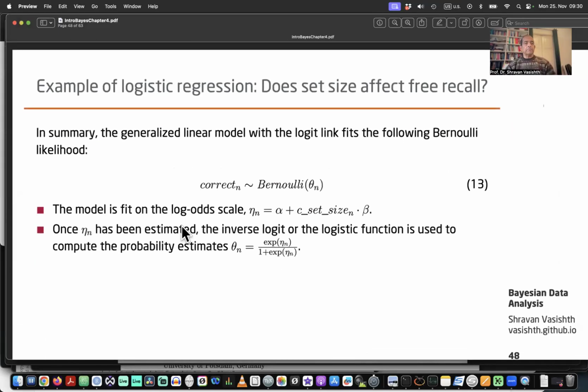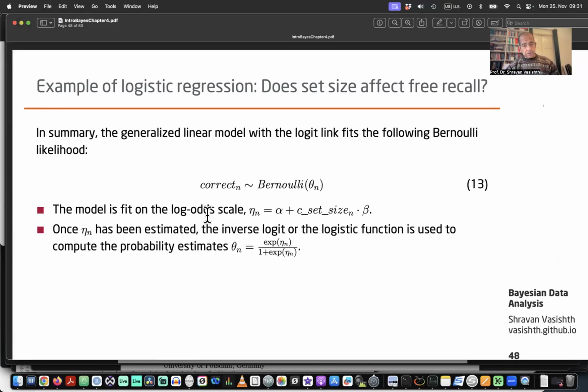Okay, so what's going to happen is our generalized linear model with the logit link function, or equivalently the logistic regression model, fits the following Bernoulli likelihood. So for every row in the data frame, we are assuming that there is some probability of producing a correct response. This time, thank goodness, I wrote the equation correctly, with an underscore n.